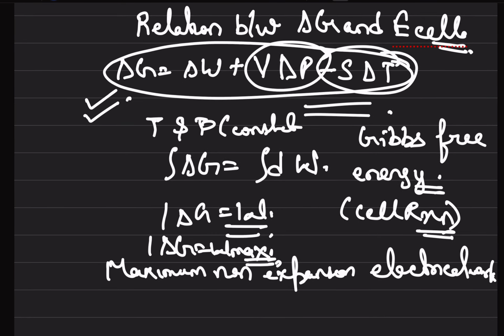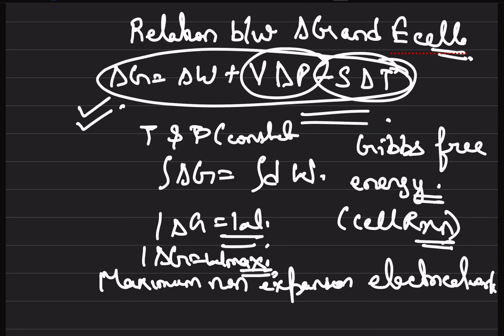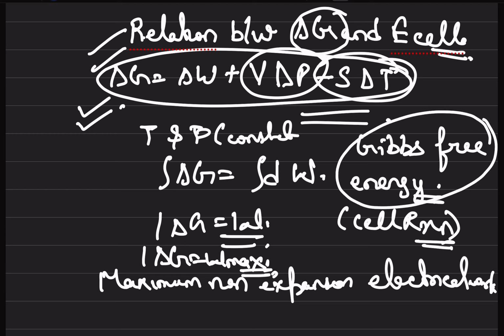Now we will see what is the relation between delta G and E cell. Delta G is the Gibbs free energy, and E cell is the cell potential.